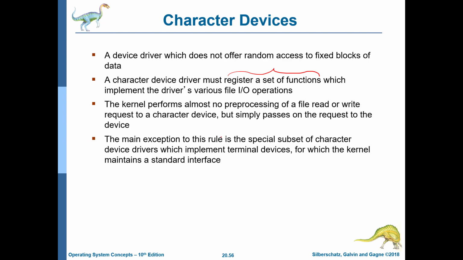Of course, for some subset of character device drivers which are associated with these terminals, the kernel maintains a standard interface, primarily because we issue a lot of commands for process control, right? Control C, Control D, and so on. So they need to catch this, and then they need to make system calls. So then there is a higher level connotation.